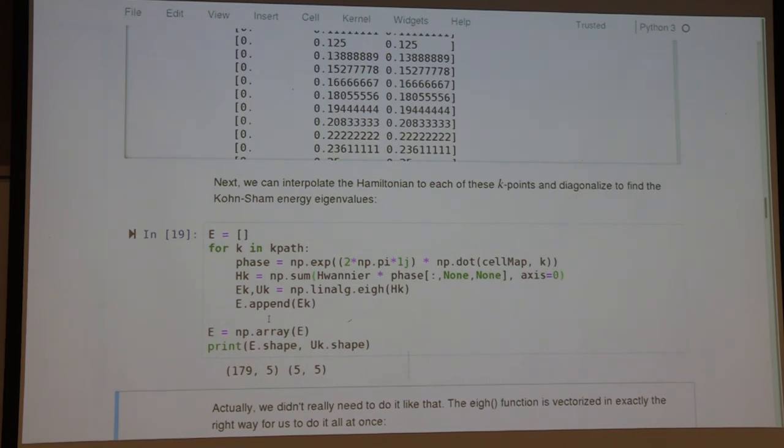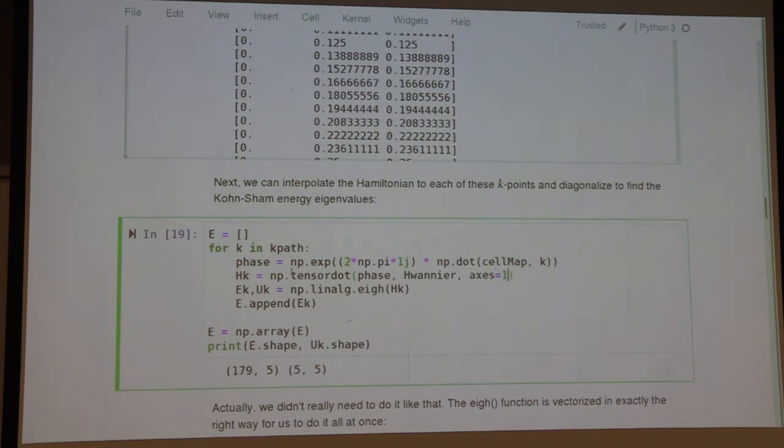Okay, but we can simplify this a little bit. We don't need to write it in this form. We can use tensor dot to do this multiplication. So H Swanee is n cells by 5 by 5, and phase just has dimension n cells. So I can just write it this way. I can't use dot because it only supports matrices. And I'll tell it how many axes I'm contracting over. In this case, it's 1.